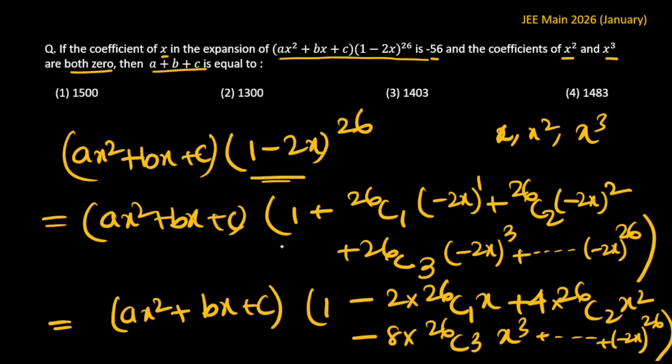Now we find the coefficient of x first. Compare this to find the coefficient of x. Here x and here x. So if we multiply c by this term, then we will get the coefficient of x, and if we multiply b by 1, then we get the coefficient of x.